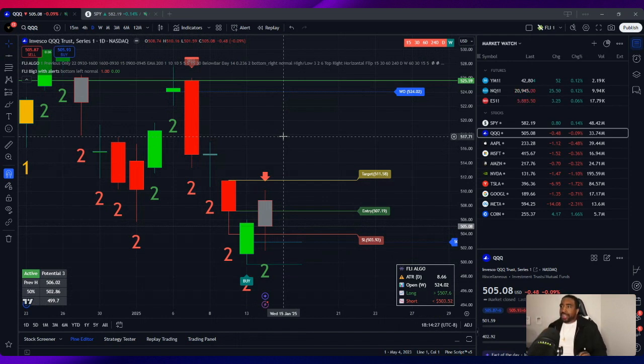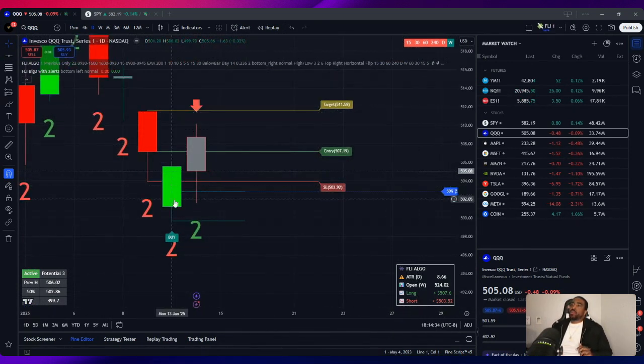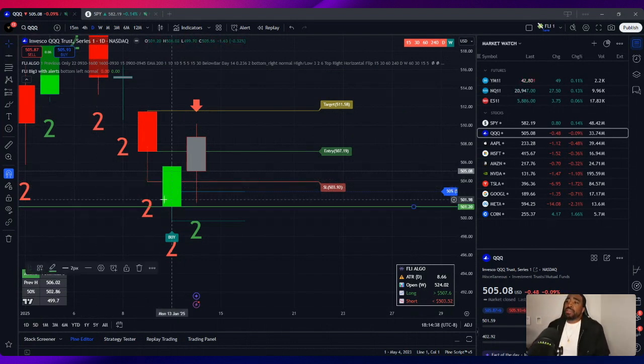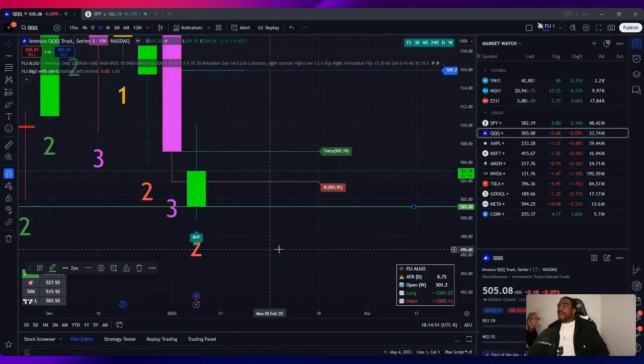Now, I want y'all to understand this. On QQQ, if you're looking at QQQ right now to trade, we got a buy signal on Fly Algo, right? Because we're above the week open on Monday, which is at 501.20. If price got back below 501.20 tomorrow, then QQQ is going to dump.